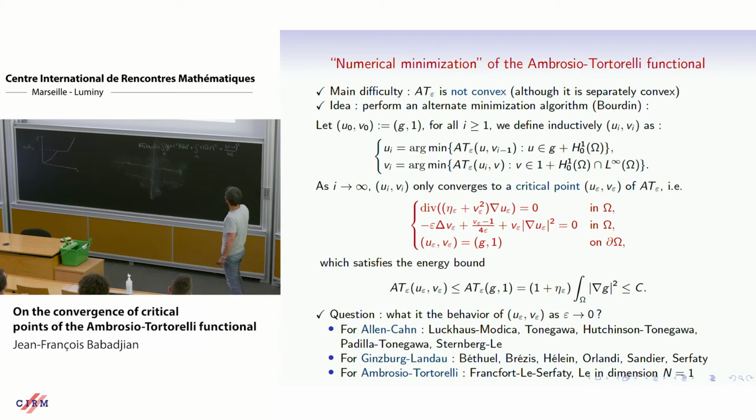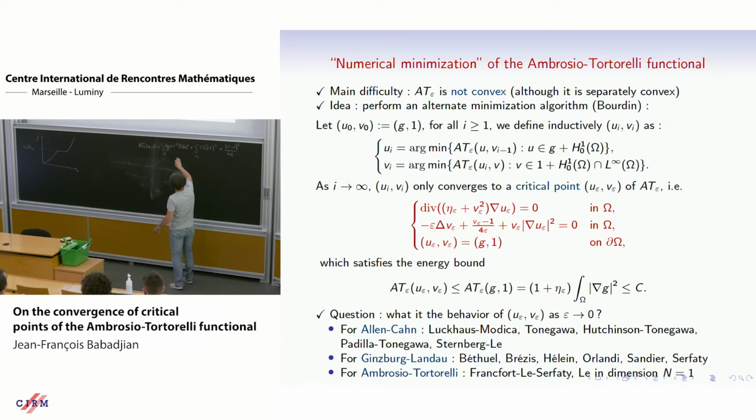So the idea is that you start from an initial configuration, U0, V0, okay, and then you alternately minimize your functional with respect to one of the variables. So for instance, in this first step here, you fix V at the previous step, V_{i-1}, and you minimize with respect to U.